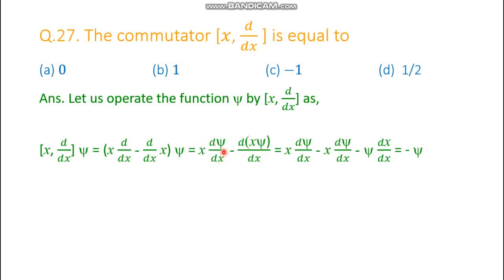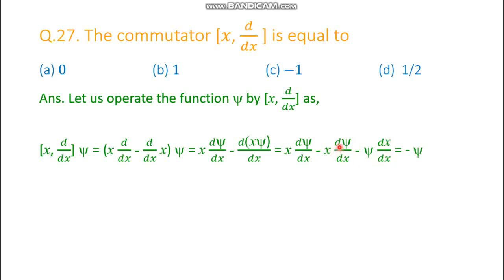Now this one remains unchanged, x into dpsi/dx, but this one can be expanded into two factors. First, x constant, differentiation of psi, then psi constant, derivative of x. So here x times the derivative of psi with respect to x, and minus psi into the differentiation of x with respect to x.